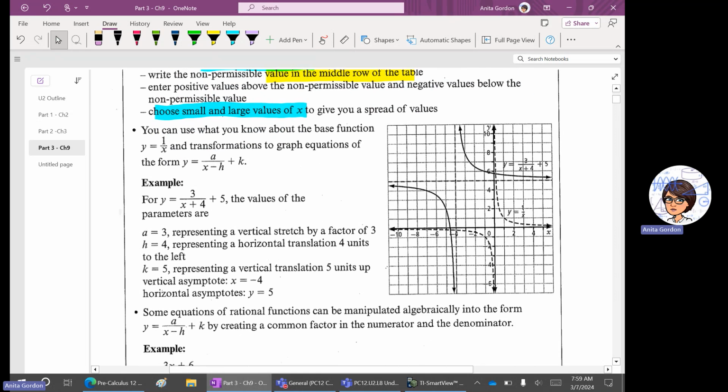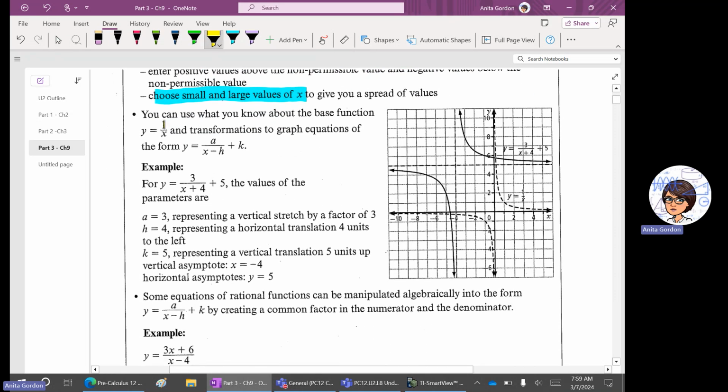Now in unit 1, we talked about the base function 1 over x, and we knew what that looked like. Our base function for 1 over x looked like this, with key points at (-1, -1) and (1, 1). However, when we do a transformation, our new equation will look like this, where A represents our vertical stretches, H represents our horizontal shifts, and K represents our vertical shifts, just as before.